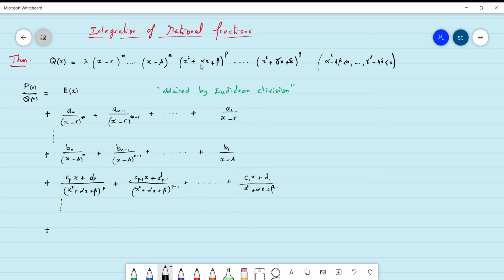Until the last one, we will have e_q x plus d_q over x squared plus gamma x plus delta to the power q.